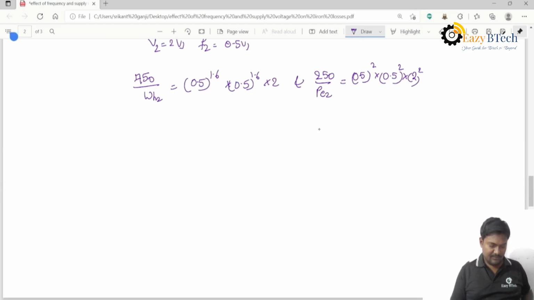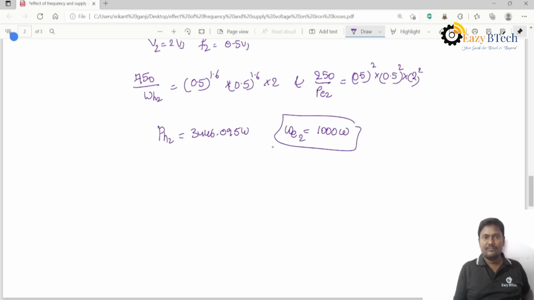Then finally hysteresis loss 2 is equal to 3446.095 watts and the eddy current loss is equal to 1000 watts. That means PE2 is equal to 1000 watts.